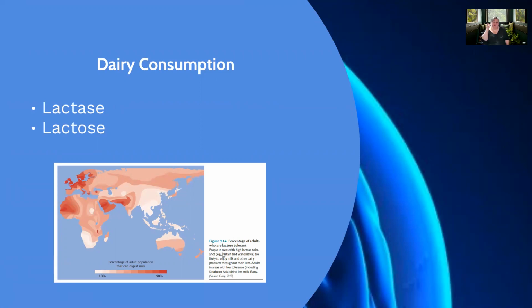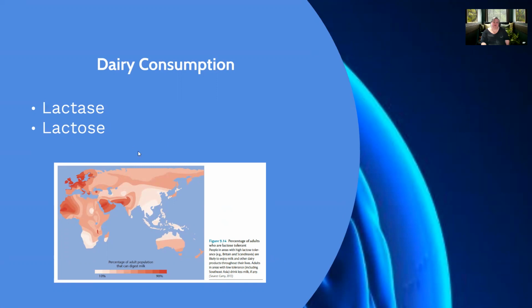I thought this figure was pretty interesting because it showed that around the world, if somebody lives somewhere where people just aren't really drinking milk, and maybe there aren't dairy farms and cows around, then you can see the percentage of people who are lactose tolerant really goes down in places where you may not necessarily be seeing people drinking milk.